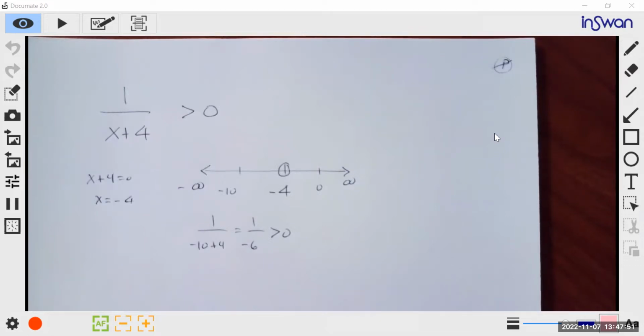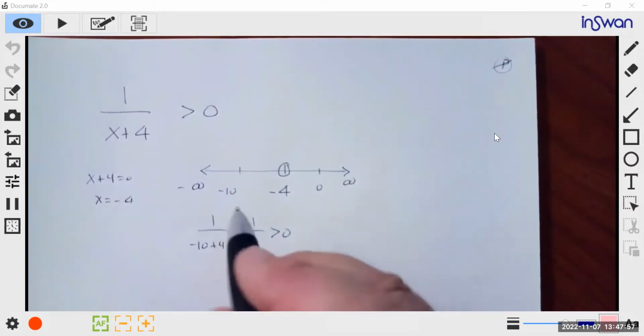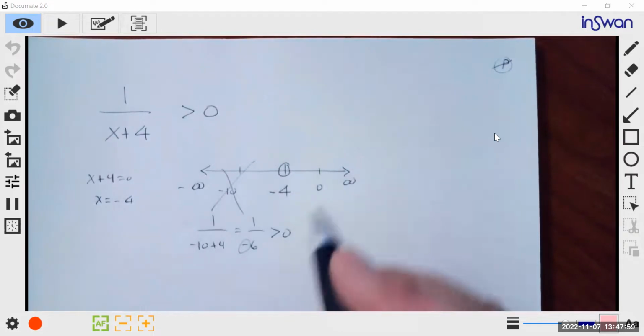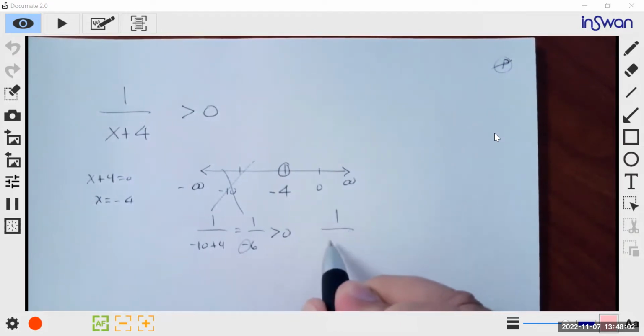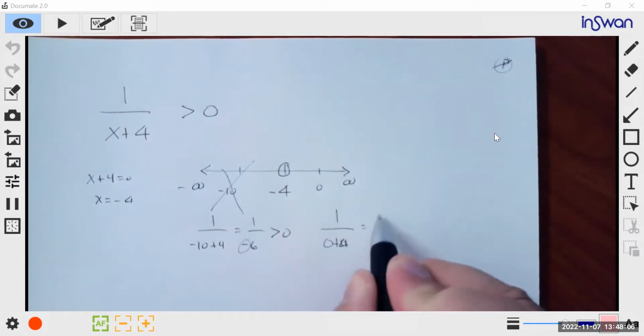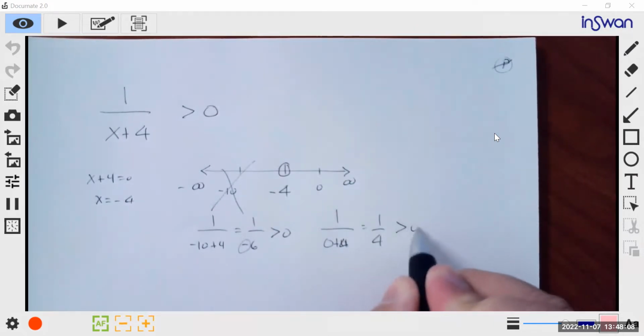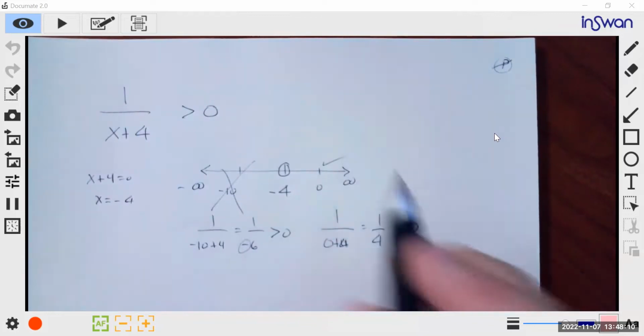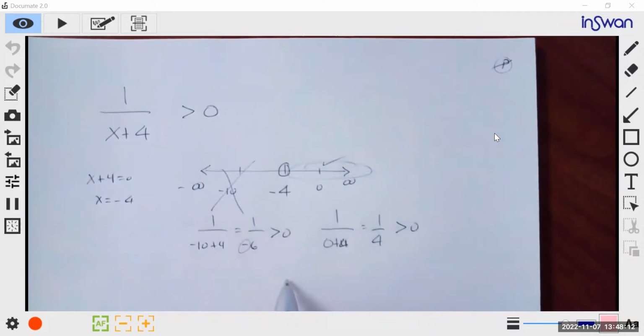It's not greater than 0, so this is not going to work. 1 over 0 plus 4 is 1 over 4. Is 1 over 4 greater than 0? Yes. So my solution is from -4 to infinity.